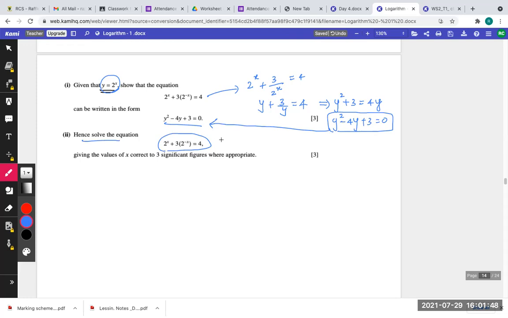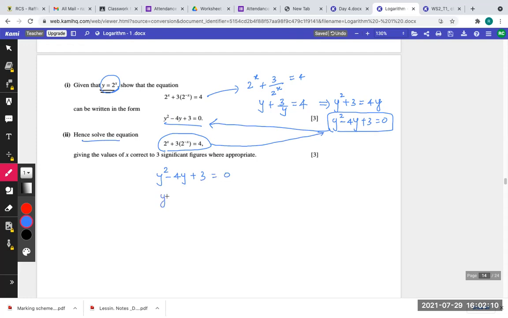Hence, solve this equation. So if you want to solve it, it will be better you solve this first, because that's a quadratic. You can solve it, but later you resubstitute the value of y. Okay, so how do I factorize it? Instead of solving the original, I am solving y squared minus 4y plus 3 equals 0.